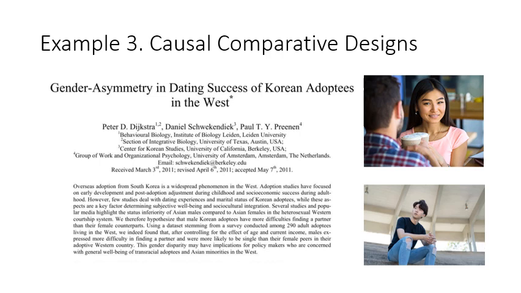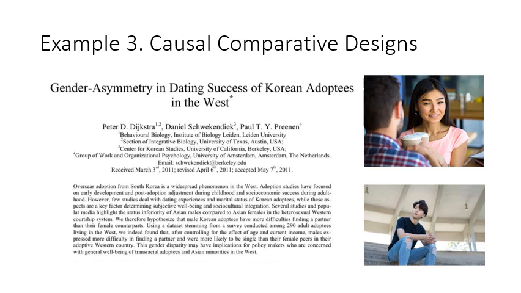Using a dataset stemming from a survey conducted among 290 adult adoptees living in the West, we indeed found that, after controlling for the effective age and current income, males expressed more difficulty in finding a partner and were more likely to be single than their female peers in their adoptive Western country. This gender disparity may have implications for policymakers who are concerned with general well-being of transracial adoptees and Asian minorities in the West.